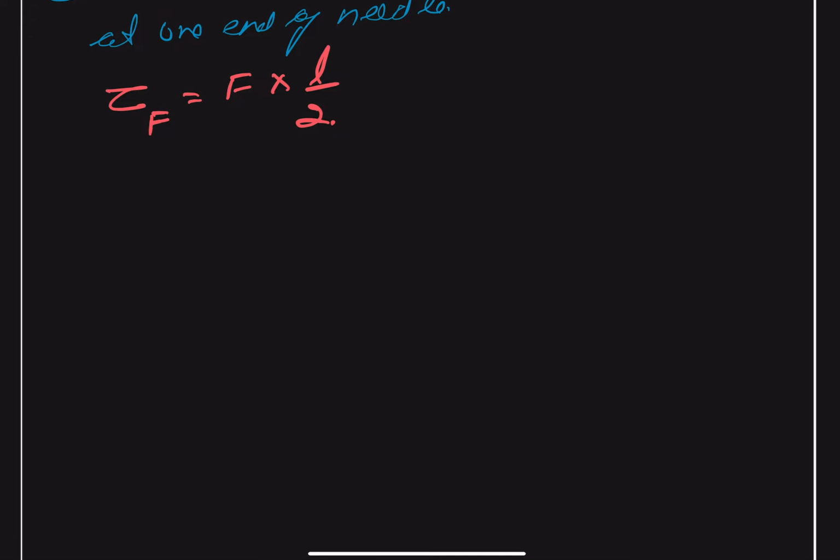And for equilibrium, tau F should be equal to tau B.